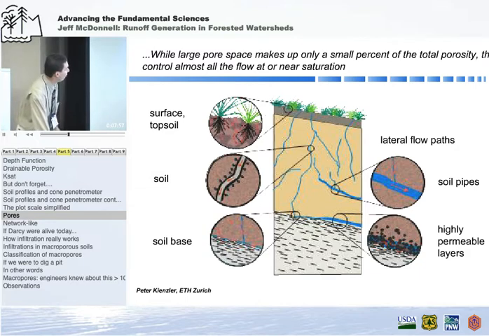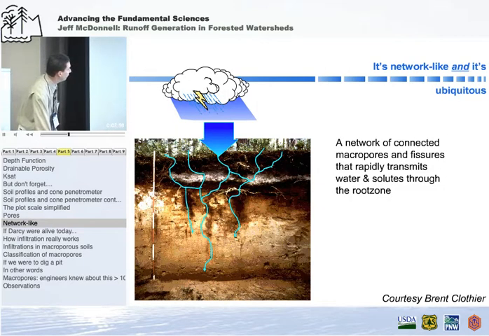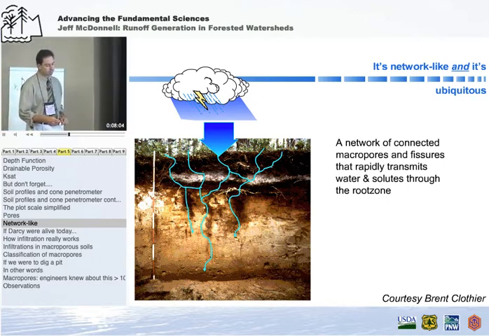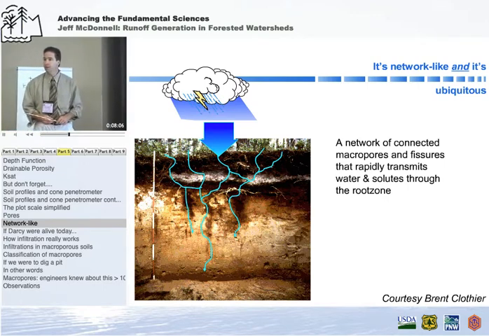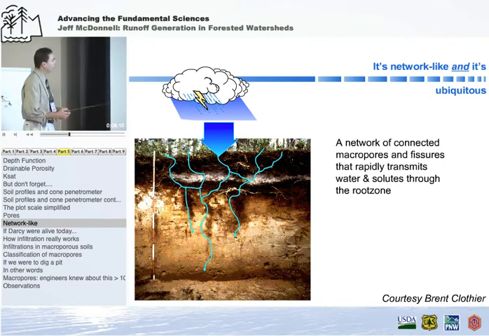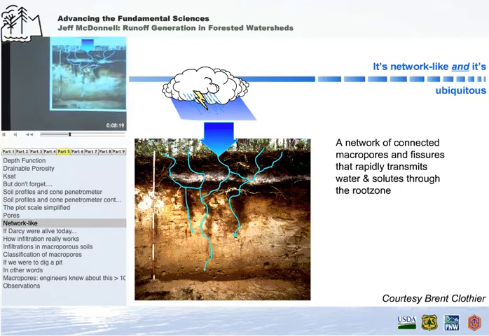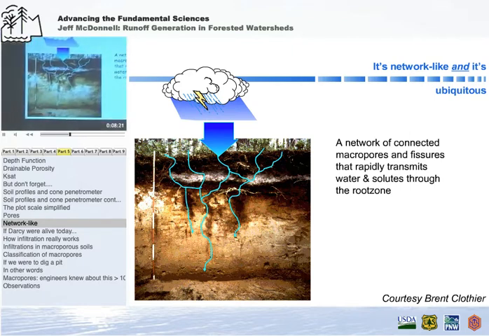So we're going to spend now a few minutes looking at preferential flow. And the point I really want to make is that it's very network-like. When we do dye staining studies in forest soils around the country, what we see is often something like this: water infiltrating vertically, despite our known assumptions about wetting fronts propagating vertically through the profile as we wet up the soil surface, and we might have a wetting front advancing.